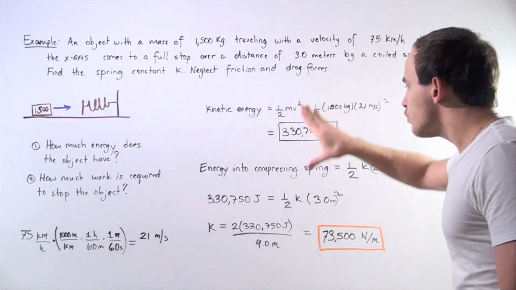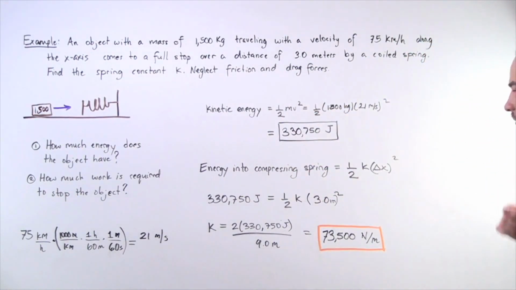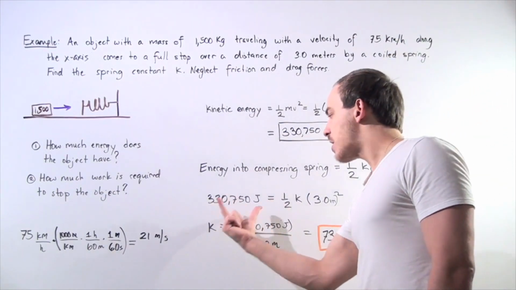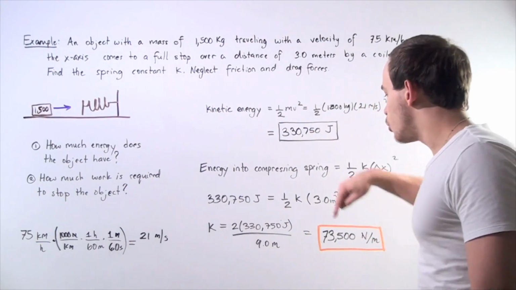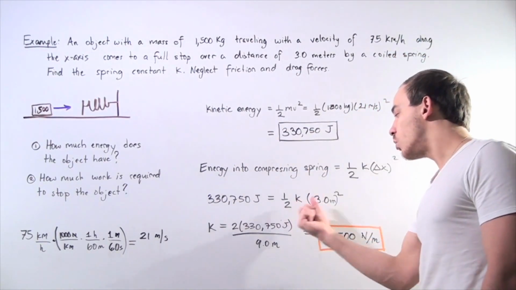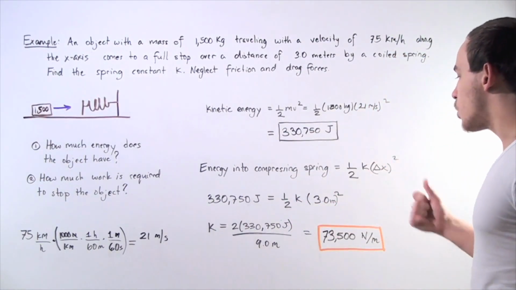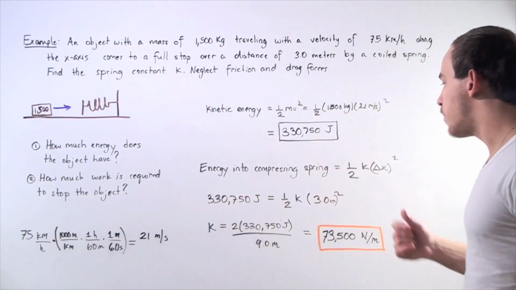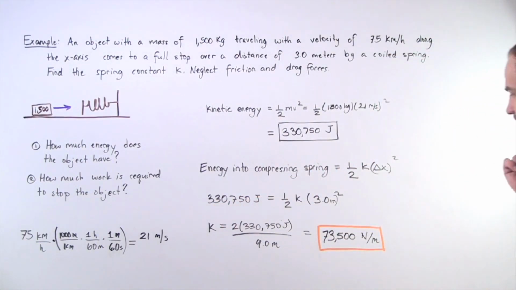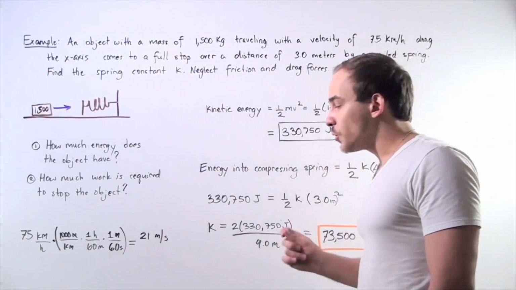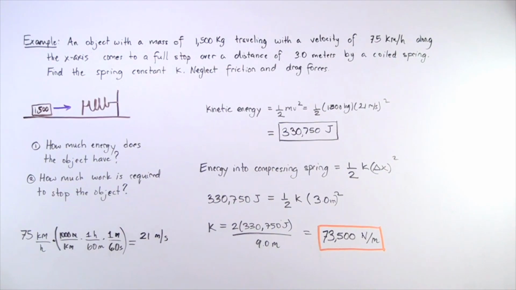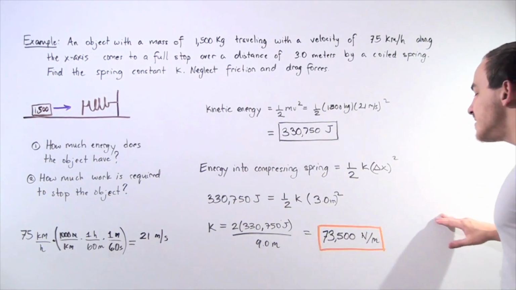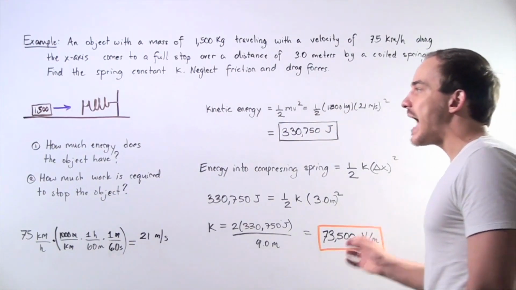Plugging our knowns into the equation, the work that must be done to stop our object is equal to 1/2 times our unknown multiplied by 3 squared, so 9. We multiply both sides by 2, divide both sides by 9, and we get that our spring constant is equal to 73,500 newtons per meter. So this is our spring constant. It's the stiffness in our spring.